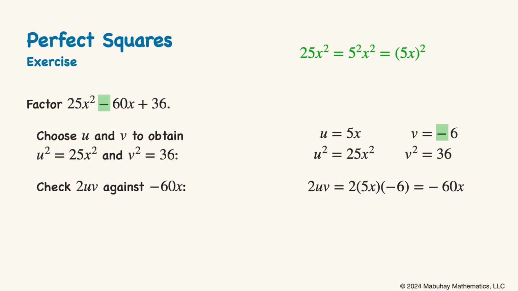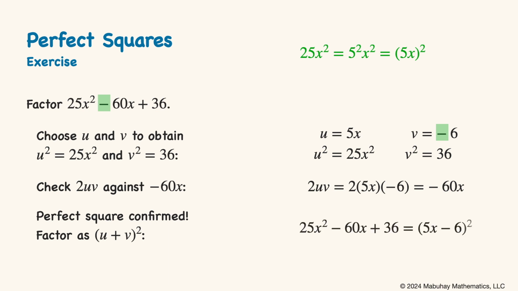Multiplying that out, we get negative 60x. That lines up with our middle term, and so we have a perfect square. Not only that, but the factorization is just the square of u plus v. So we get 25x squared minus 60x plus 36 equals quantity 5x minus 6 squared.